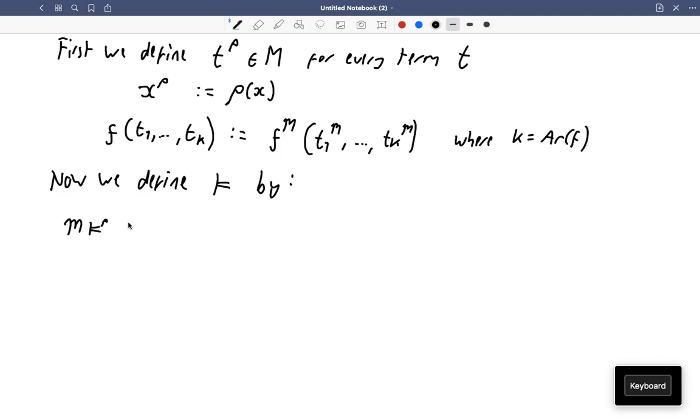So in the case that we have a predicate symbol, again with k arguments, where k is the arity of the predicate symbol p, this relation is true if and only if, well, we've got these terms here, so we can interpret those terms as elements of the underlying set of the structure.